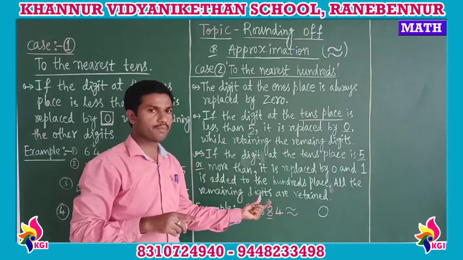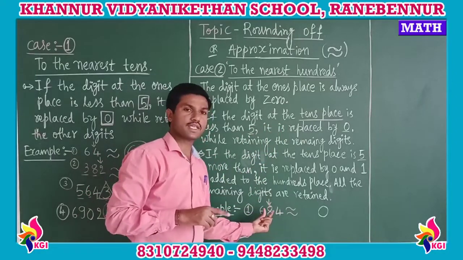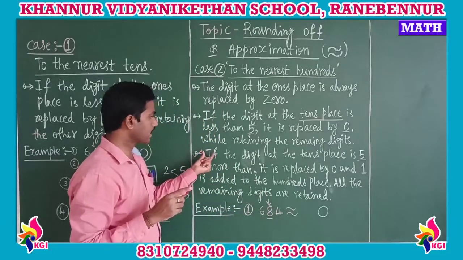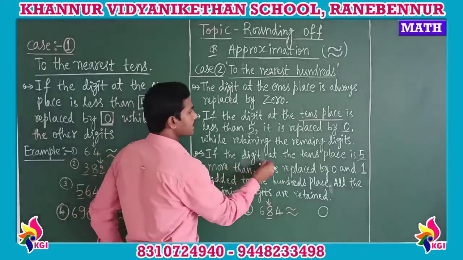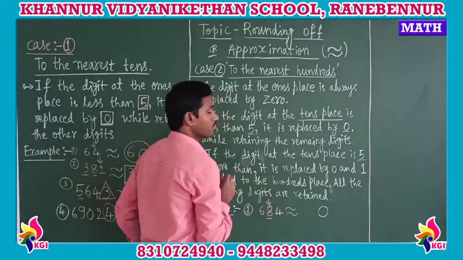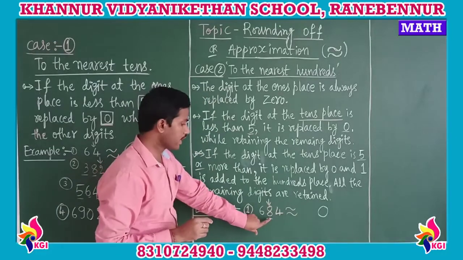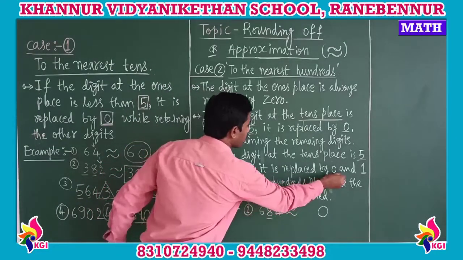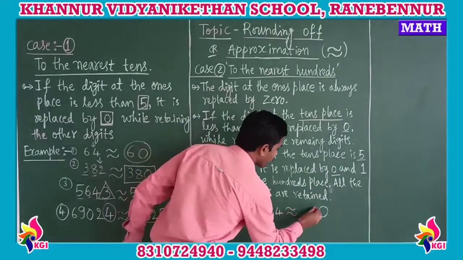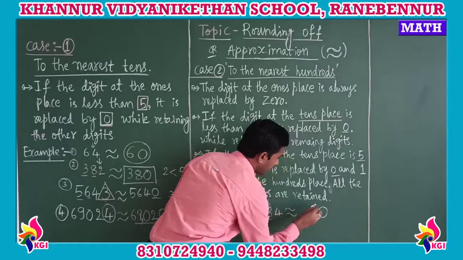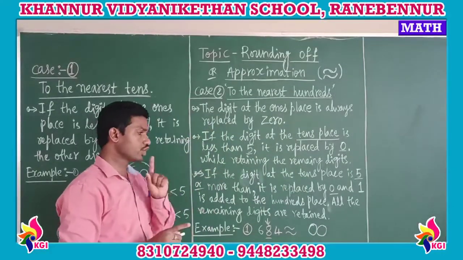But in the given example, the tens place is 8, and 8 is greater than 5. That's why I am using the third condition. If the digit at the tens place is 5 or more, it is replaced by 0. Instead of 8, you write 0.